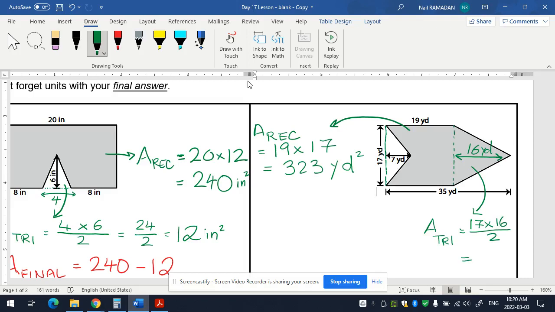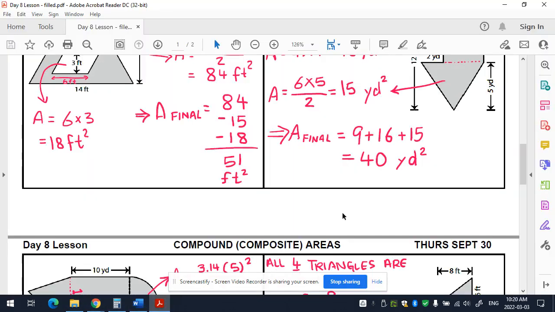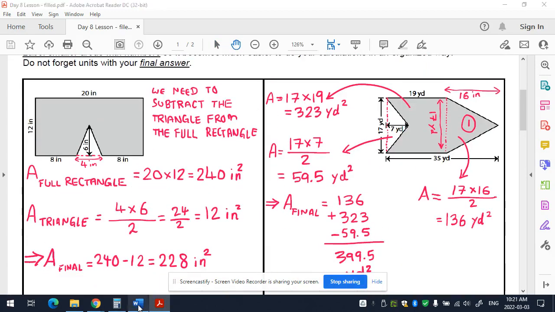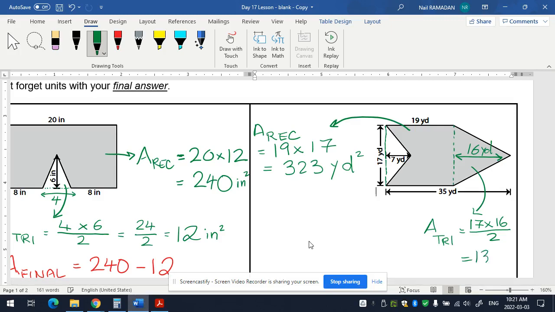What's 17 times 16 divided by 2? 17 times 132. Let me check. Sorry. Sorry, 136. Everyone, 136 yards squared. Go ahead. Come on, copy.